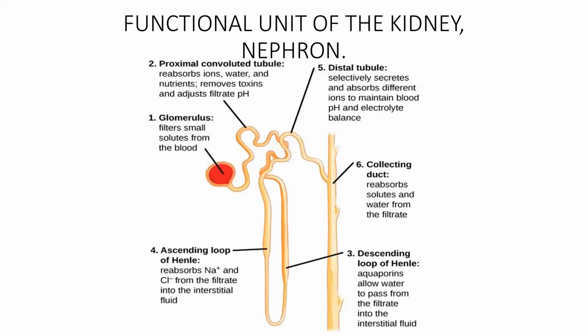Now, this is a diagrammatic representation of the excretory function of the kidneys. The glomerulus filters everything from the blood, and then there is selective reabsorption of different things, and also secretion, leading to the final production of the urine.